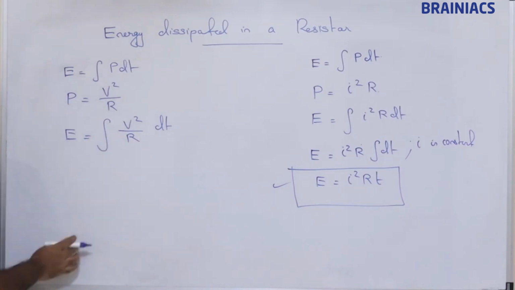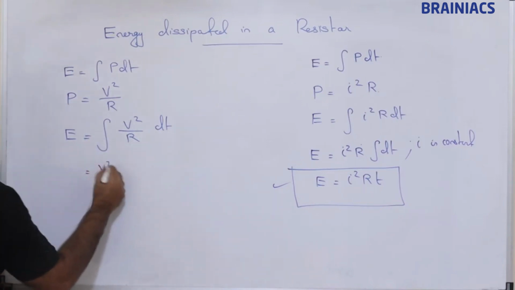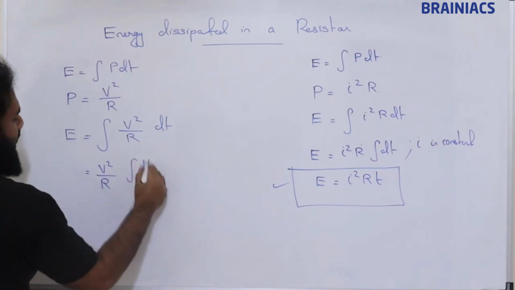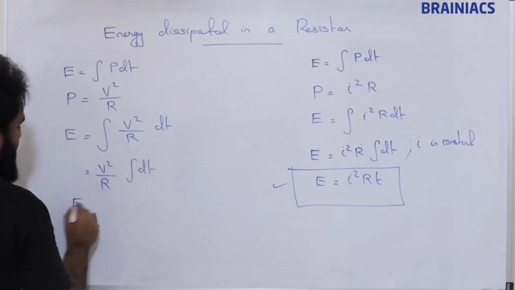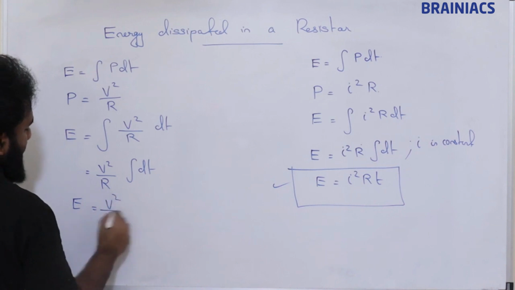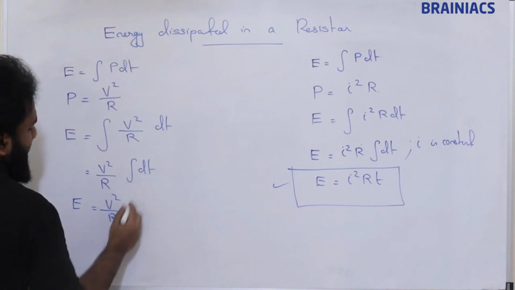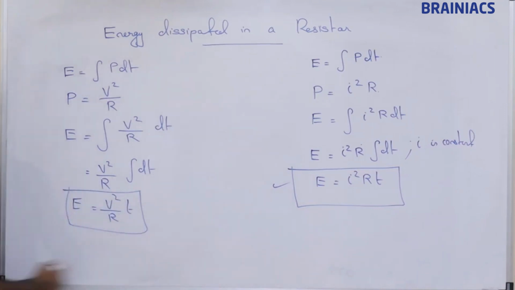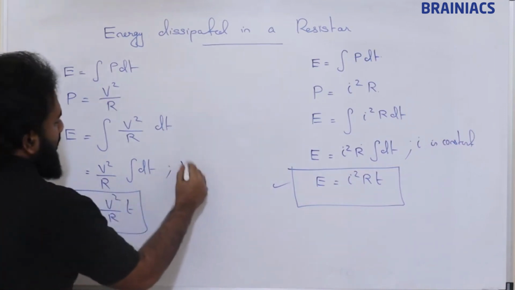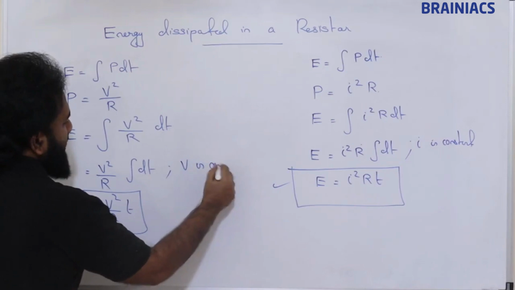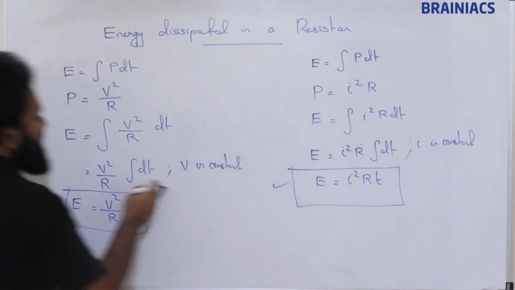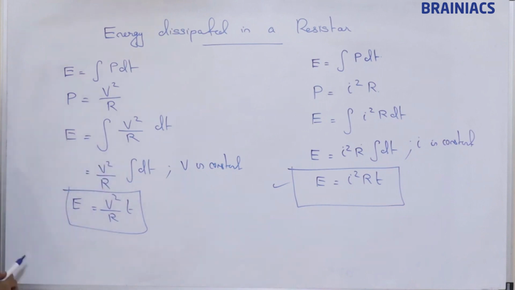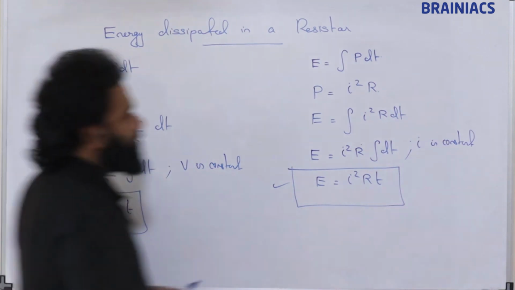Again, if voltage is constant, I can take it out, and energy will be V square by R times the integral of dt, which gives T. So this can be used if V is constant. If V is not constant, then we will have to integrate. Clear? So the condition is that V must be constant.